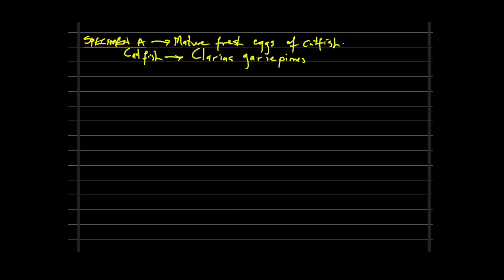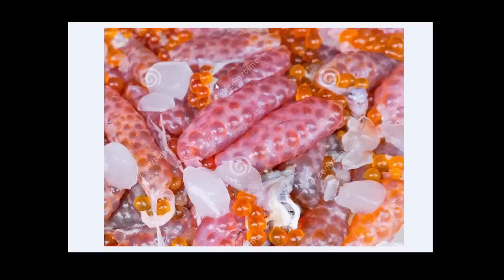That is what we refer to the catfish as, Clarias gariepinus. So we need to have that at the back of our minds. Now, let me quickly show us what the egg of a catfish looks like.